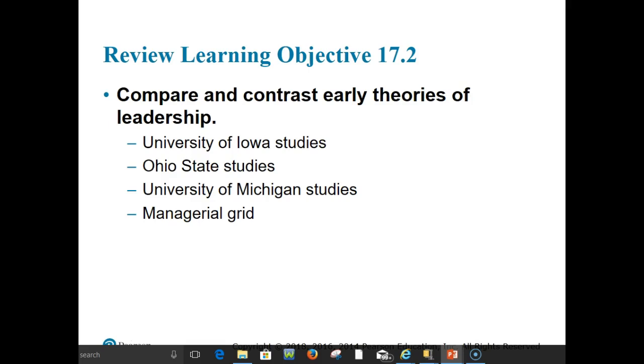And the managerial grid looked at leaders concerned for production and concerned for people and identified 5 leader styles. Although it was suggested that a leader who was high in concern for production and high in concern for people was the best, there was no substantive evidence for that conclusion. And as the behavioral studies showed, a leader's behavior has a dual nature. First, a focus on the task, and second, a focus on the people.